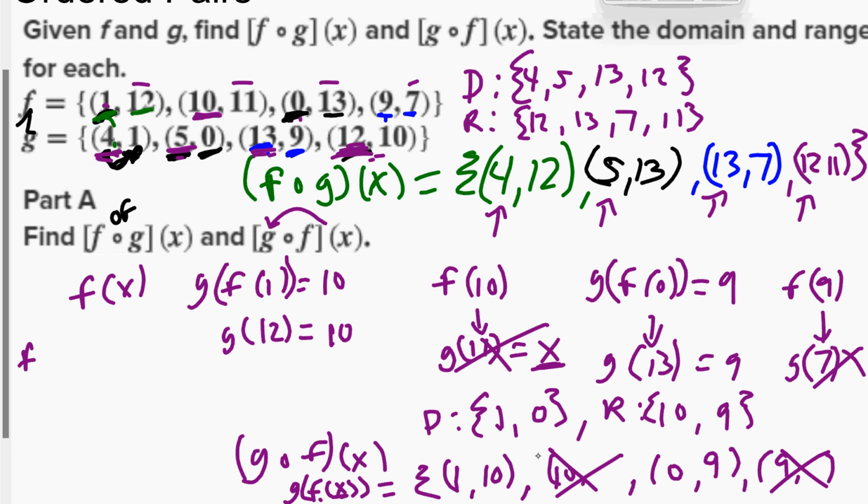And so that's how you do it with an ordered pair. It's inside out. So you start with the inside g, plug in your x, find out your y, and then take your y value and plug that into f as your x.